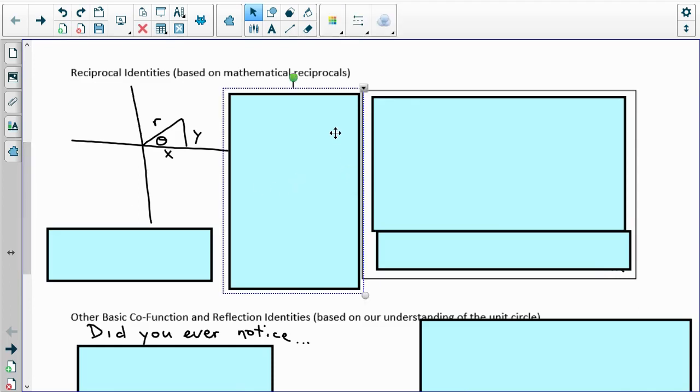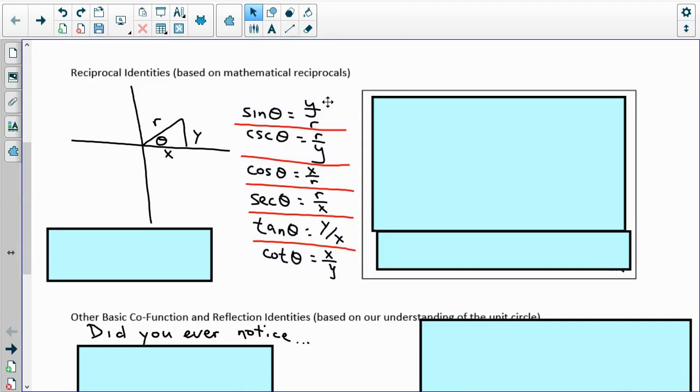So for example, we have this graph of a right triangle on the unit circle. We know that sine is opposite over hypotenuse, which is always the y value divided by the radius of the unit circle. And then cosecant is that flipped, or the reciprocal of it, and so on and so forth. All of these things we already learned last chapter.